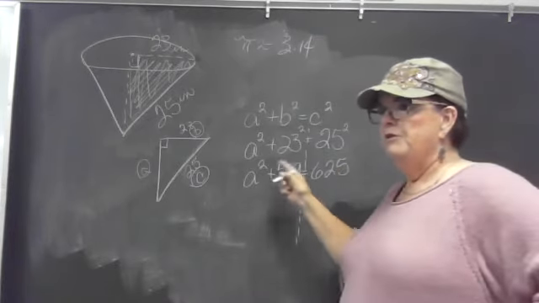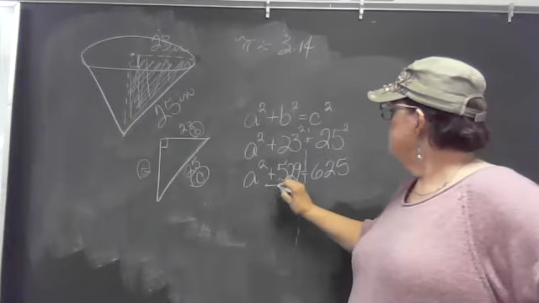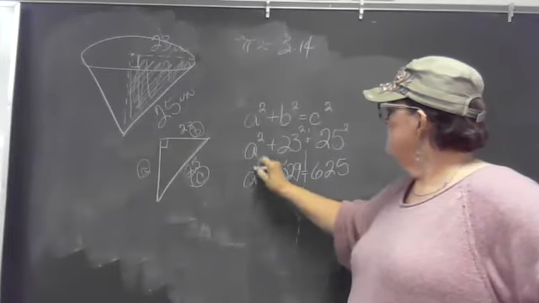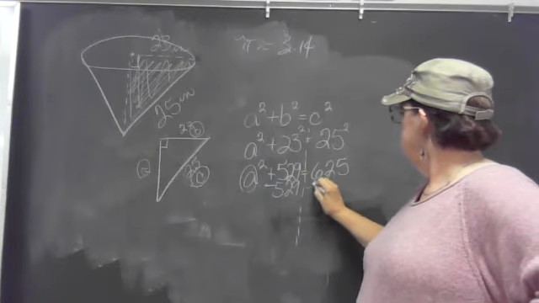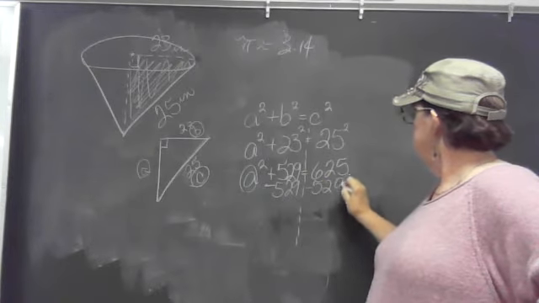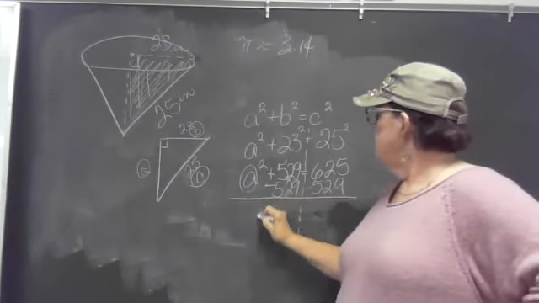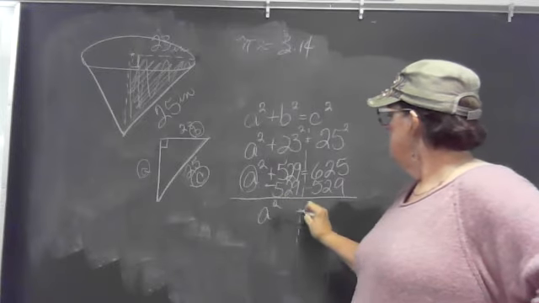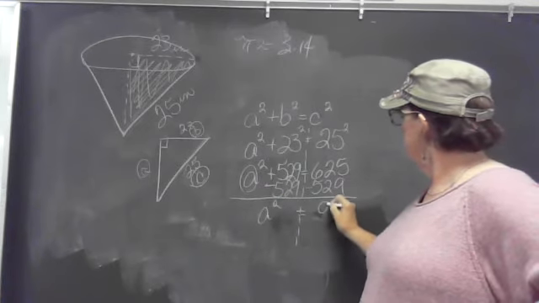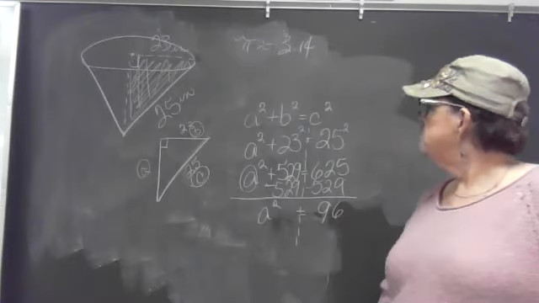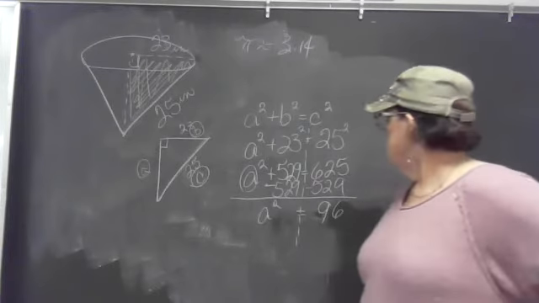Okay, do you see where we got all these numbers? Okay, then we're going to subtract the 529 because we want the A by itself. So now we have A squared is equal to 96.